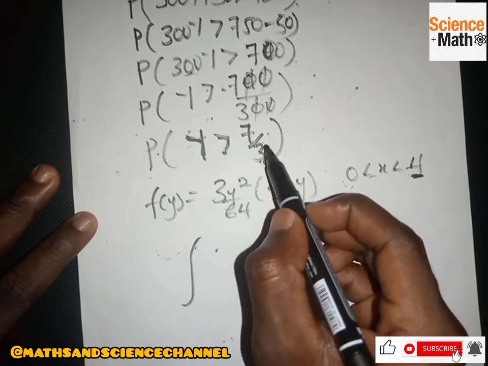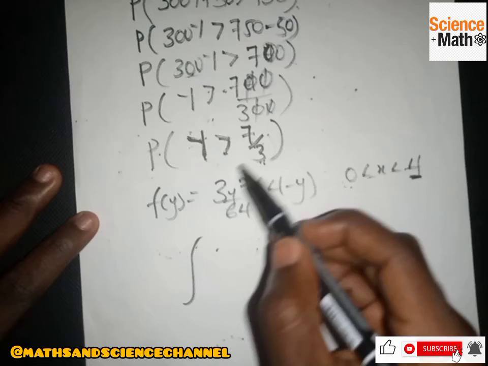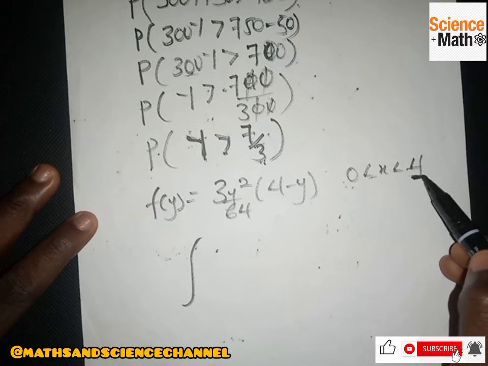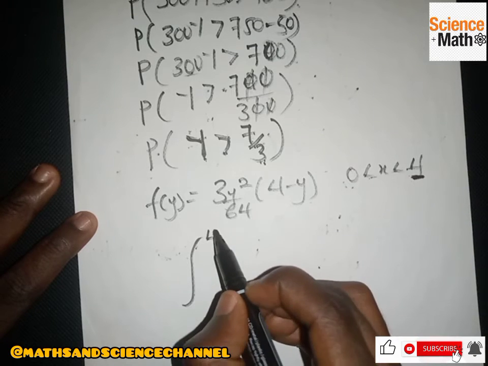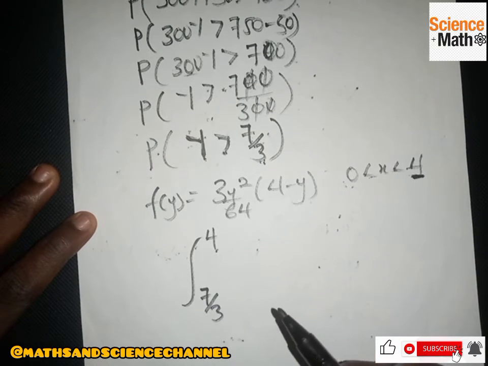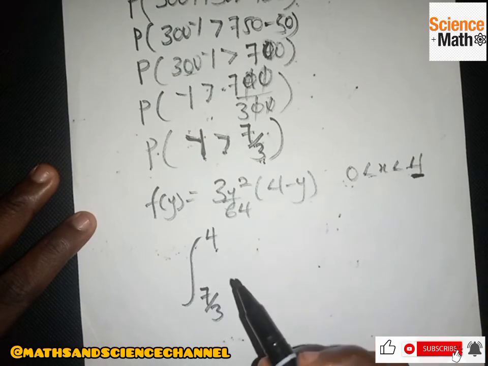So this becomes our lower limit, and from the piecewise function, the general range that we are given over here, this becomes the upper limit. So we have the upper limit of 4 and a lower limit of 7/3 for the probability that y is greater than 7/3.